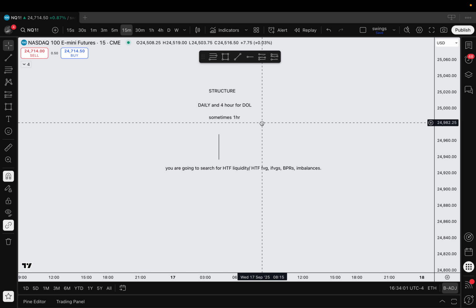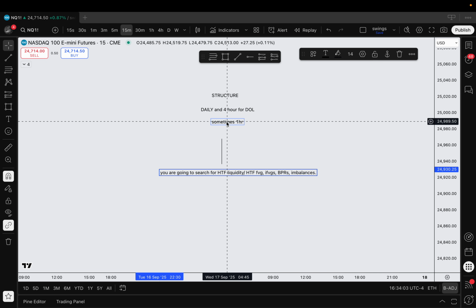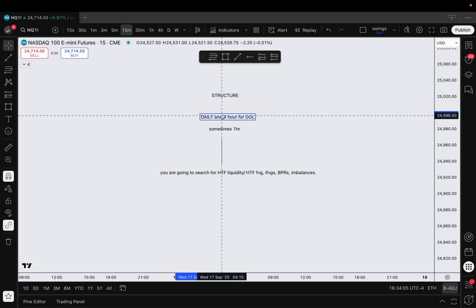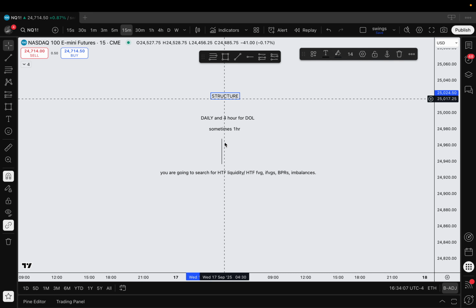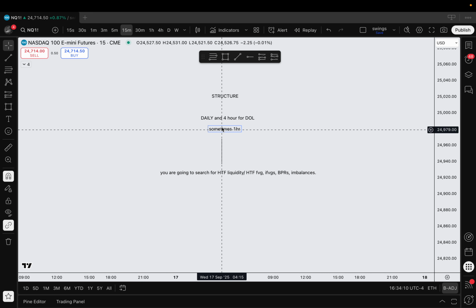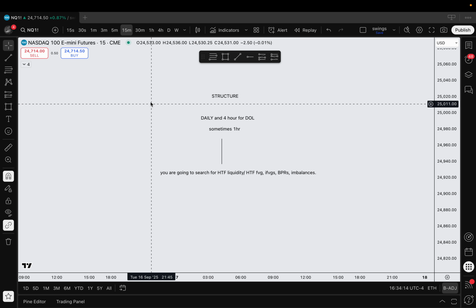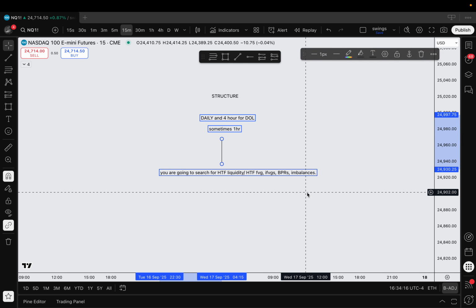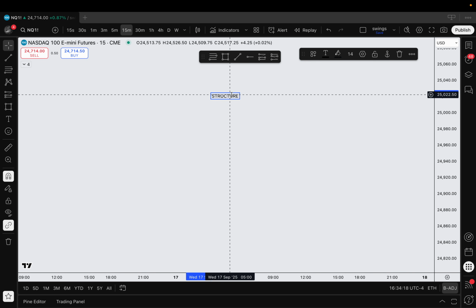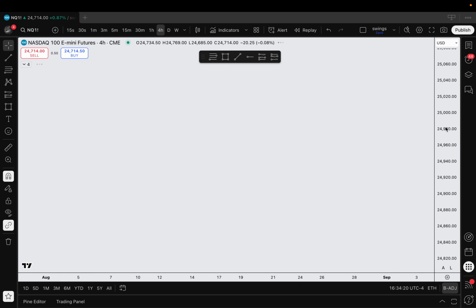Imbalances, okay? So that's what you're going to be looking for. So daily, 4 hour, 1 hour structure, and then what you're going to be looking for in these three is going to be this. Now let's go to the actual market and show you guys what I mean by this.